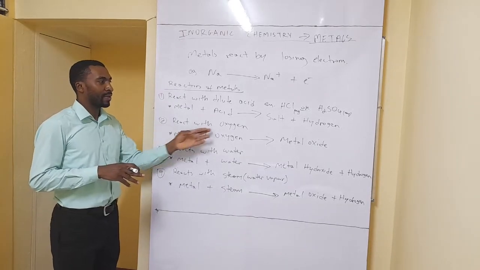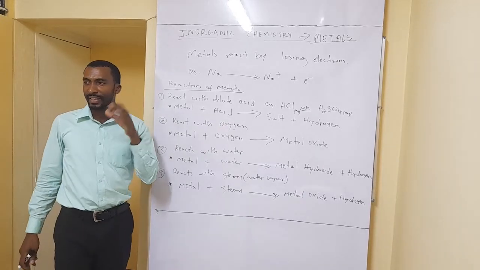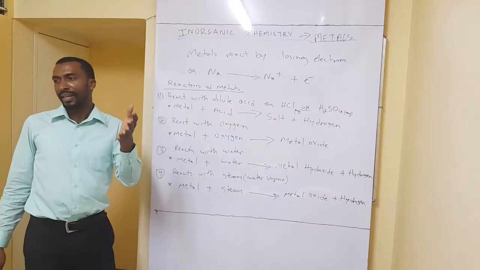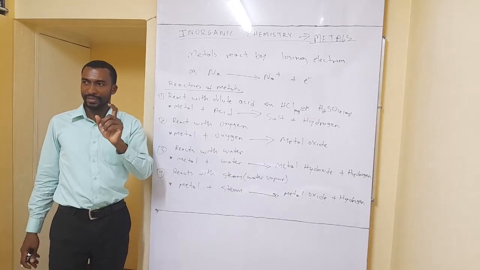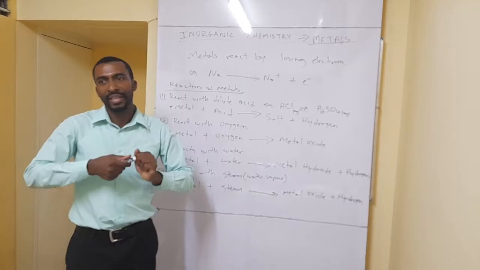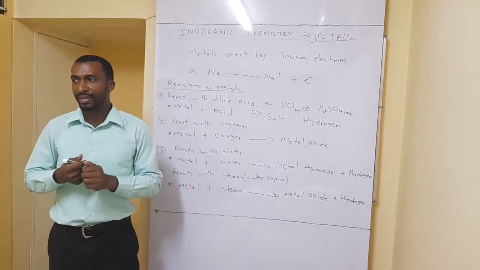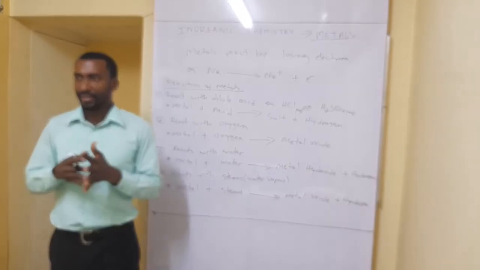The metal will react with the oxygen to produce metal oxide. For example, if we should leave a metal in the air, it will just form an oxide layer to form metal oxide. A good example of metal which form an oxide that is actually protective would be like zinc.